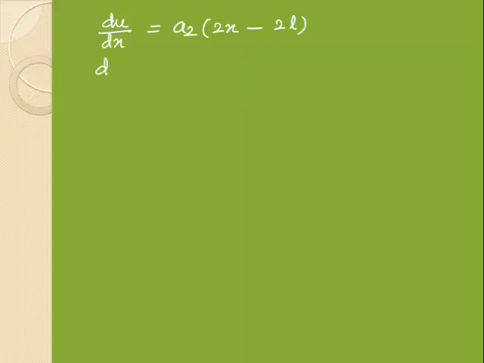By differentiating again with respect to x, d square u by dx square is equal to a2 into 2 into 1 minus the differential form for the constant value is 0, so 2a2.